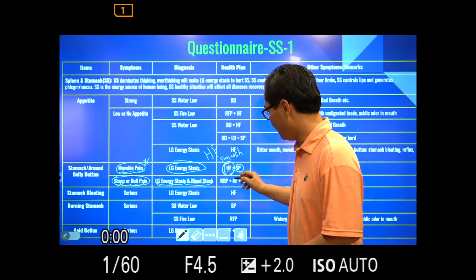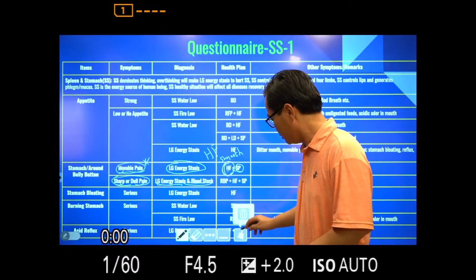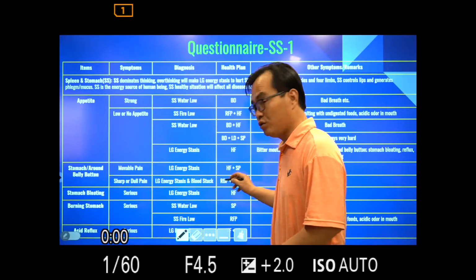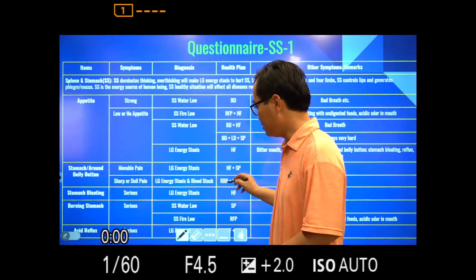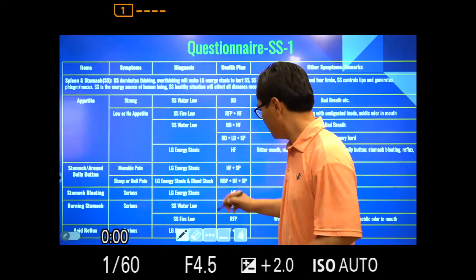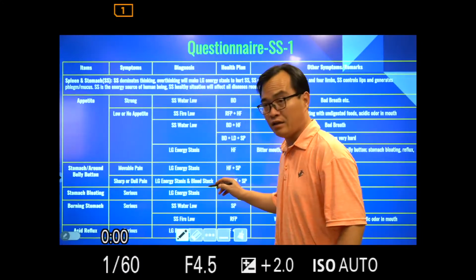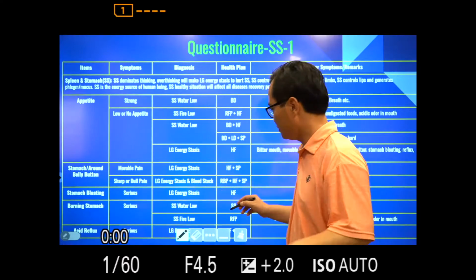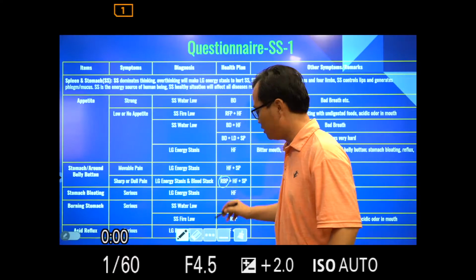And for the treatment rules, we should smooth the allergy energy and break the blood blockage. So for breaking the blood blockage to improve the circulation, RBP is the king formula.